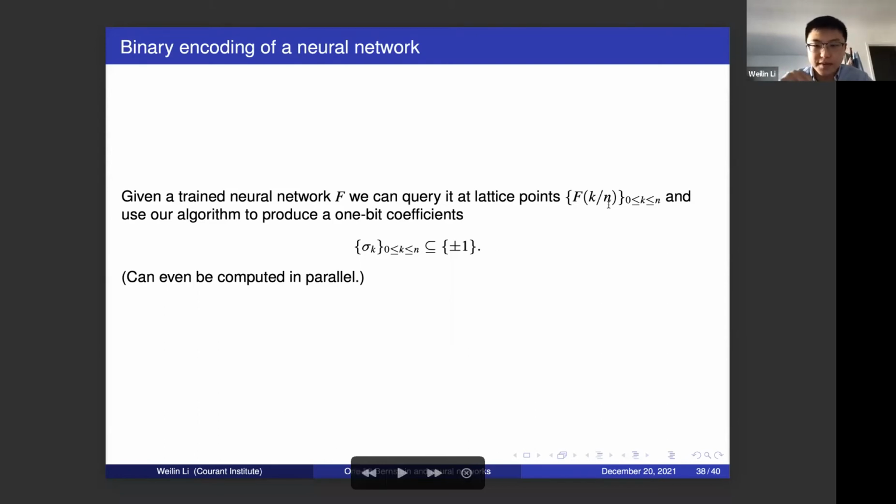Once I know the value at each of these lattice points, I can use this algorithm to produce a stream of 1-bit coefficients. These are done in 1D, so they could even be computed in parallel if one wanted to. But the stream of plus and minus ones is really a binary encoding of this network. I don't know, this could be a crazy idea. Who knows what will happen if one were to do this, but it's something I would like to try.